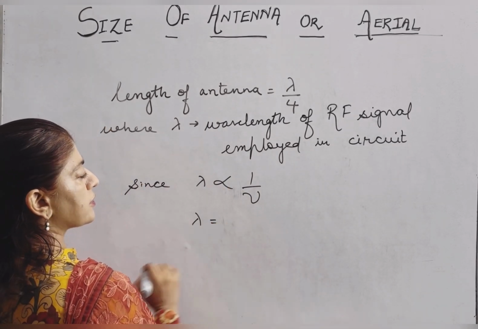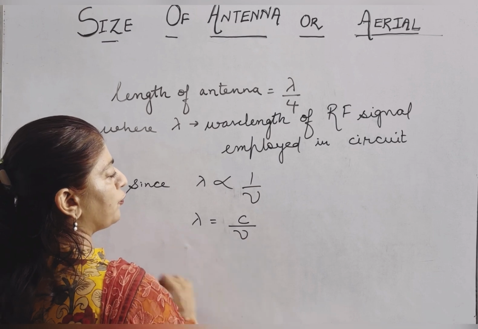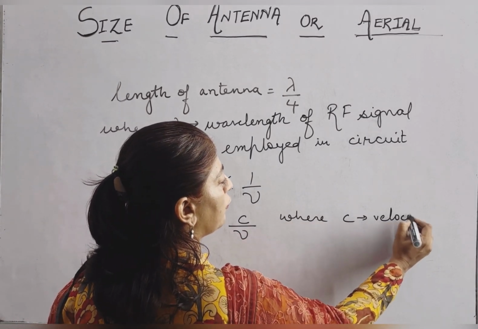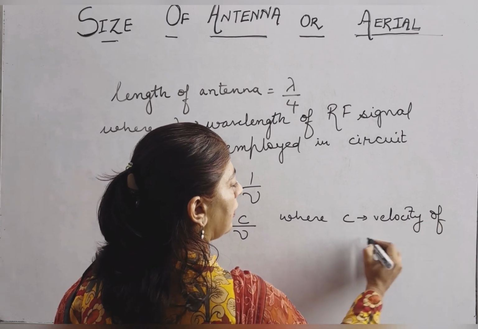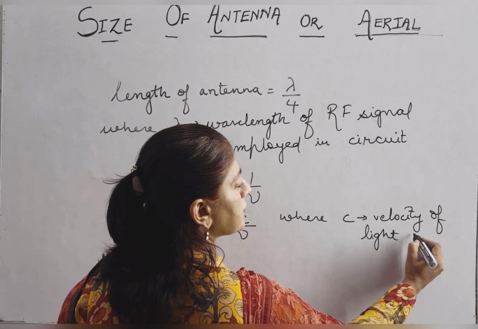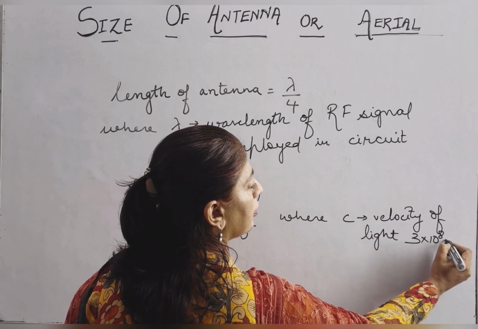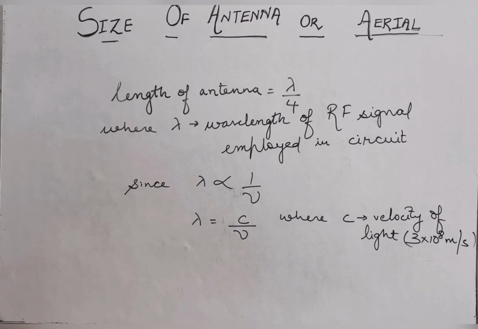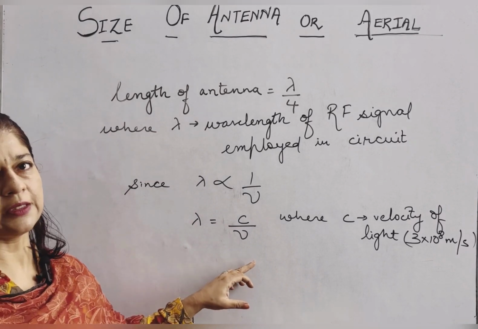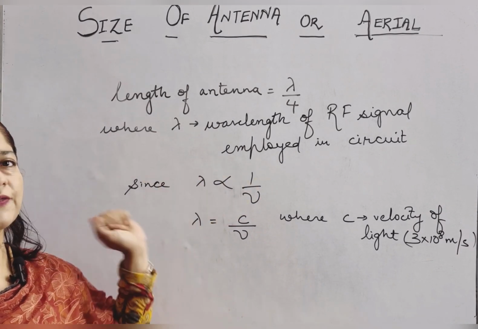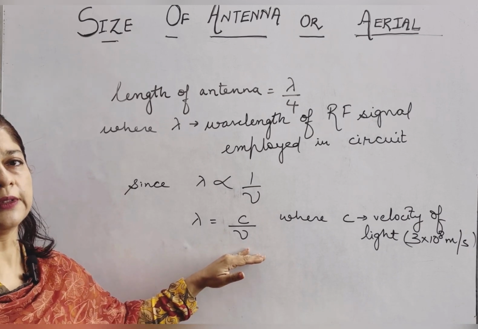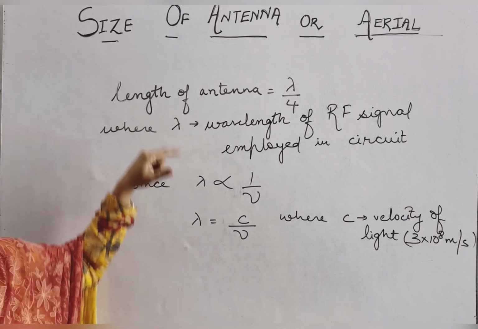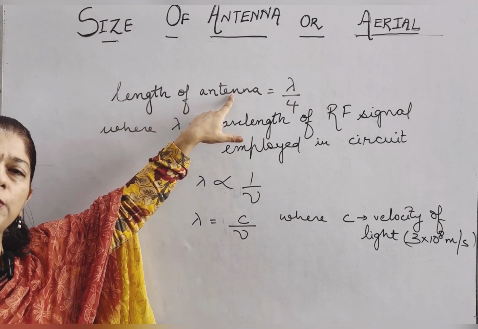So lambda is equal to c upon nu, where c is the velocity of light, that is 3 into 10 power 8 meter per second. Now we found that if the frequency of this RF signal is more, then lambda will be less, and if lambda is less, then the length of antenna required will also be less.